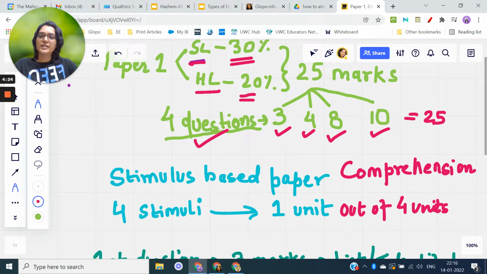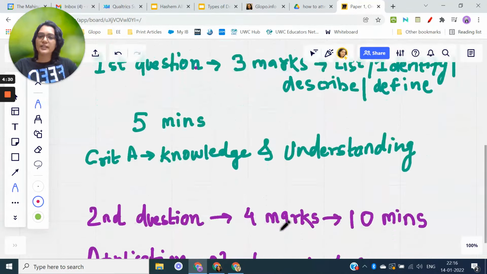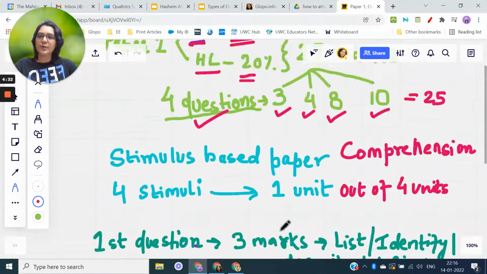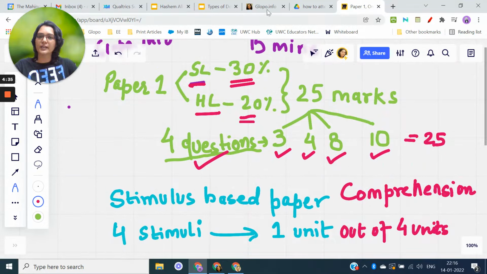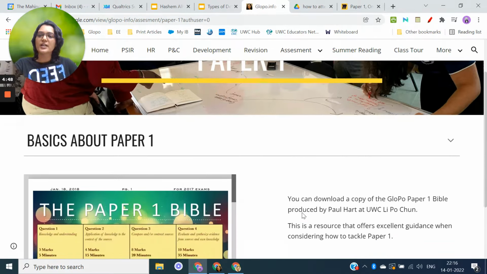Now this is about the basics of these things. I would be covering all these pointers under my site, glopo.info. Now here we start with our paper one. Let me start with my pen tool. Excuse me, I'll start it later on.